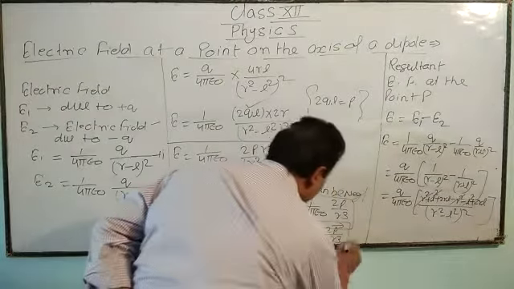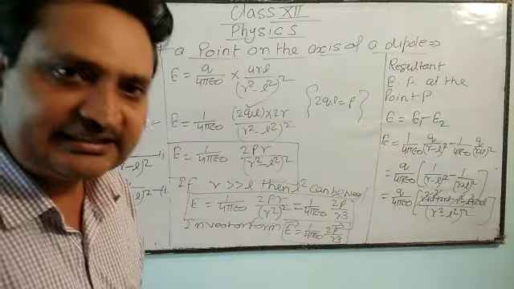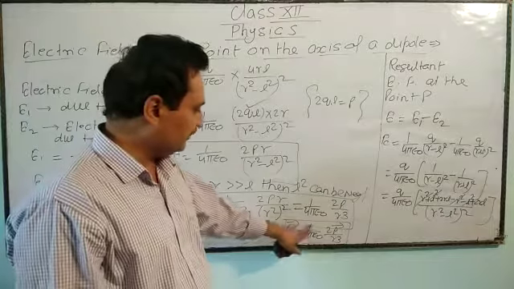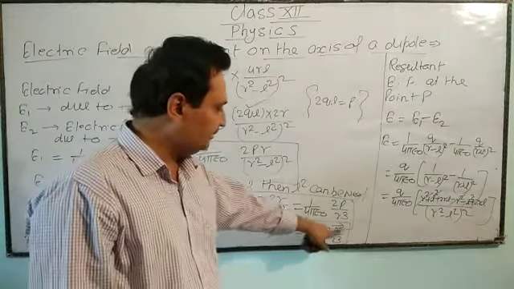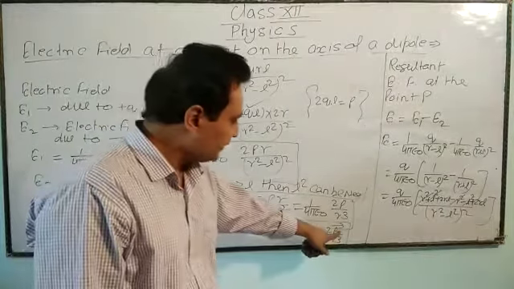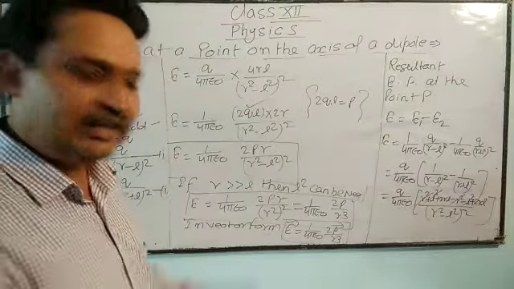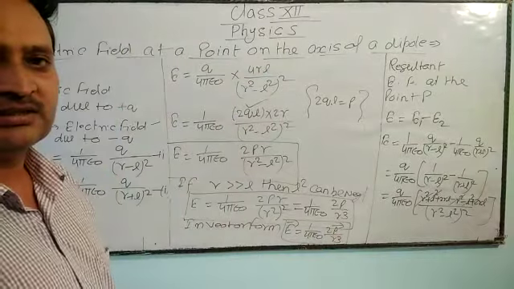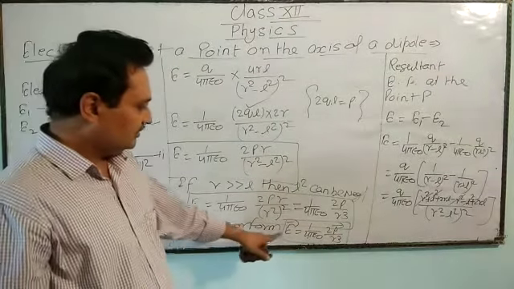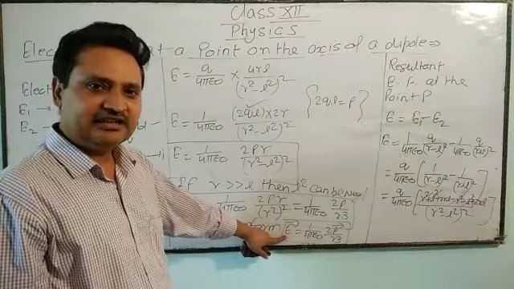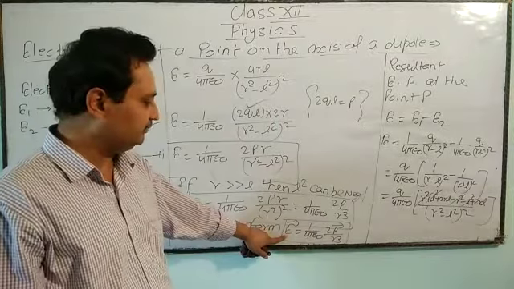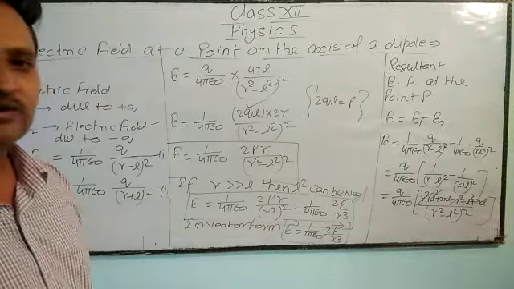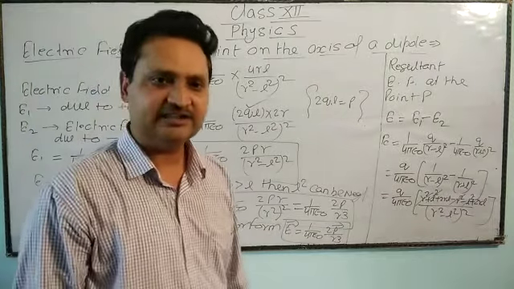This is the vector notation of the electric field at the point P, because p is a vector quantity. p means electric dipole moment, so 2p vector upon r cube. This is the final answer. The resulting intensity of the electric field at the point P is E equal to 1 upon 4 pi epsilon naught 2p upon r cube. Okay, thank you students.